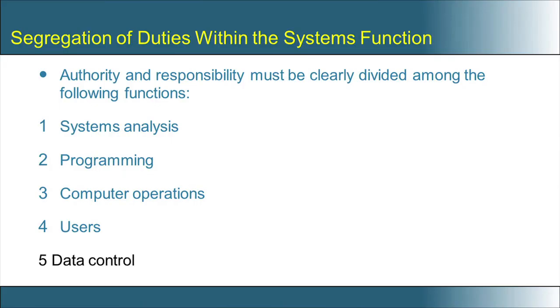And then there are people with the responsibility of data control, who are responsible for the data. We talked in the previous lecture about the owner of the data, the custodian of the data, and the user of the data. Now we are talking about the owner who controls this data, and the custodian of the data.